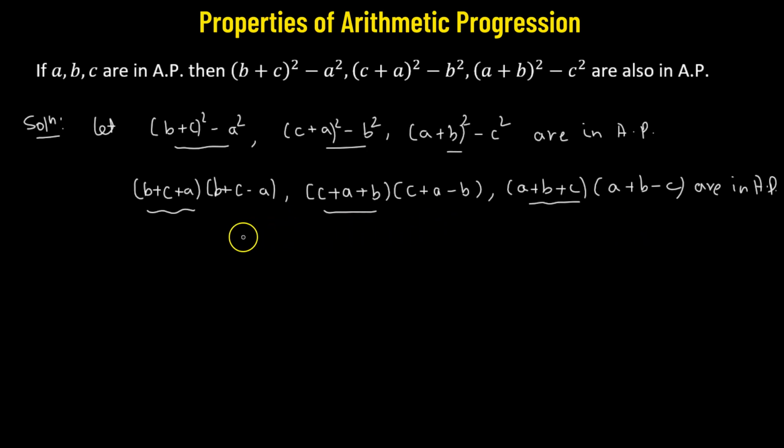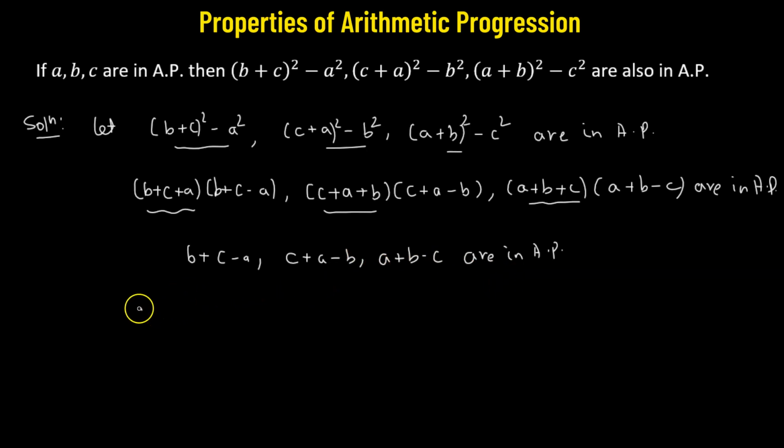So what we can do is divide each of them by a plus b plus c, and the numbers which are left behind, that is b plus c minus a, c plus a minus b, and a plus b minus c, are still going to be in AP. Here we are using the property of arithmetic progression that dividing by a fixed nonzero number keeps the numbers in arithmetic progression.